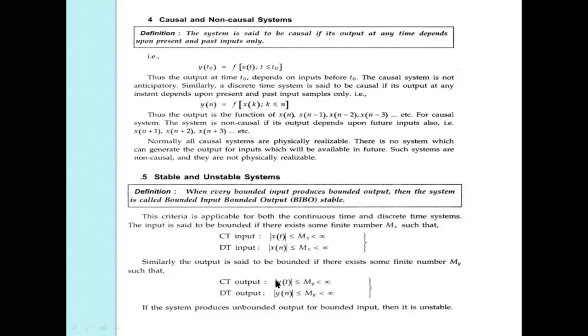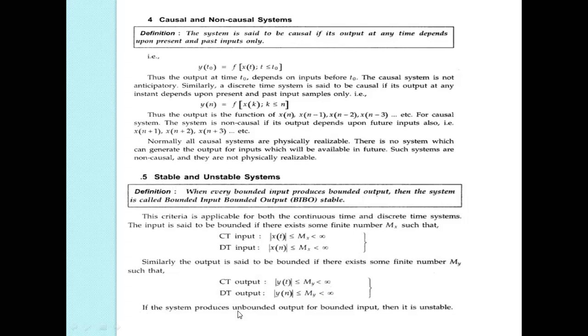See, for continuous, the magnitude of y of t is less than or equal to my, less than infinite. Input is bounded here, the output is also bounded. For the discrete time system, the magnitude of y of n is less than or equal to my, less than infinite. Here it is a finite value. Mx is a finite number, my is also a finite number, then we can call it a stable system.